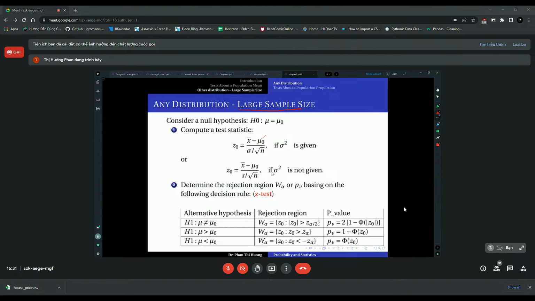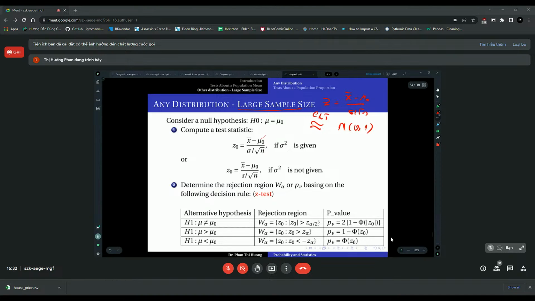Remember that Z equals X bar minus mu 0 over sigma over square root of n. Even though we don't know the distribution of X bar, the central limit theorem says that if we don't know the distribution of the population but want to estimate the distribution of the sample mean X bar, then if the sample size is large enough, Z approximately follows the standard score.